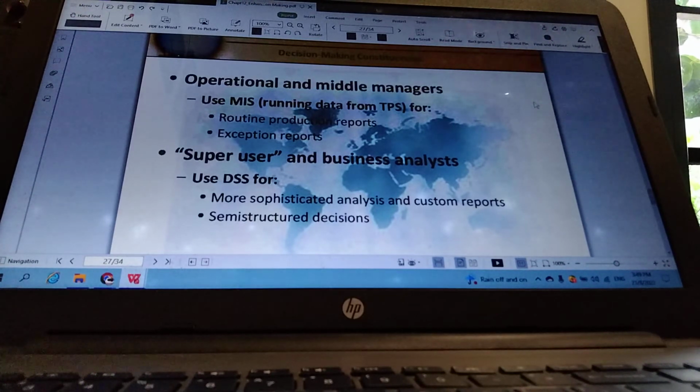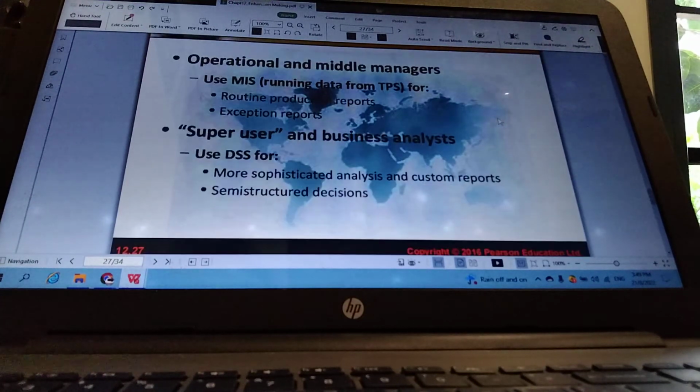And we have also seen some very specialized people such as the super user and business analysts, and how they use BI and BA to meet their objectives.